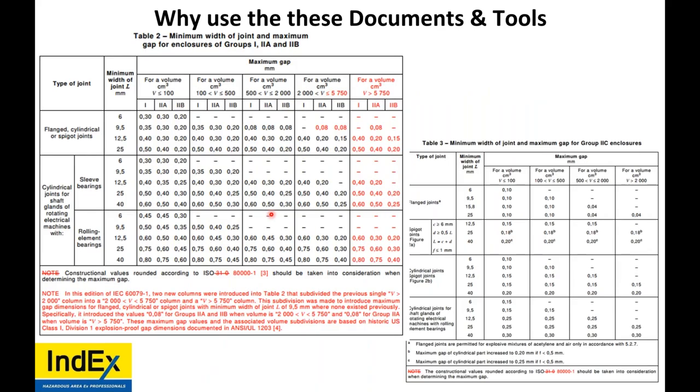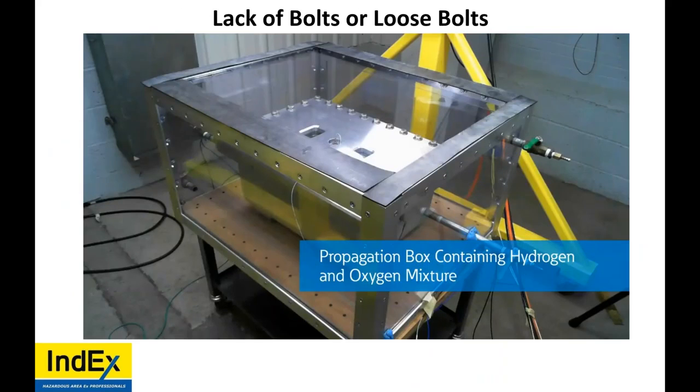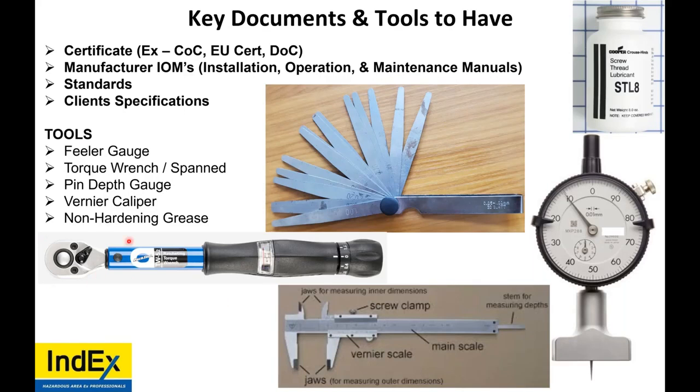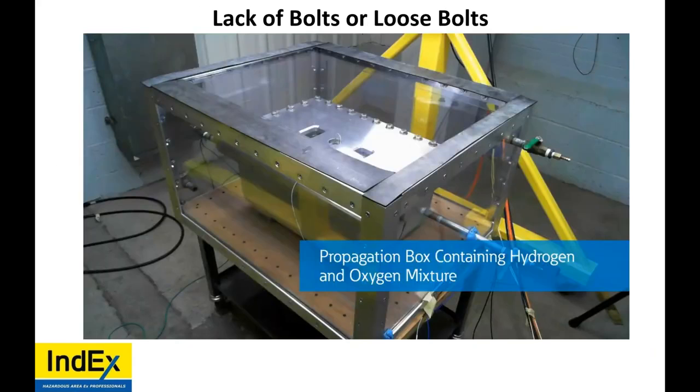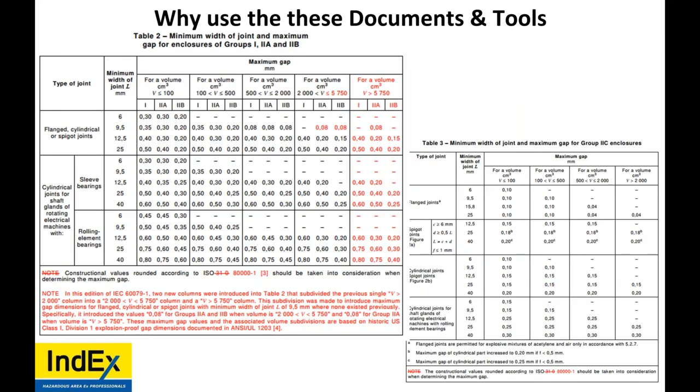Now, if we go back to the tools, why are we using a torque wrench? Why are we using feeler gauges? Why are we using a pin depth gauge? Well, the only way to measure a flame path is to compare it to the tables in 60079-1.